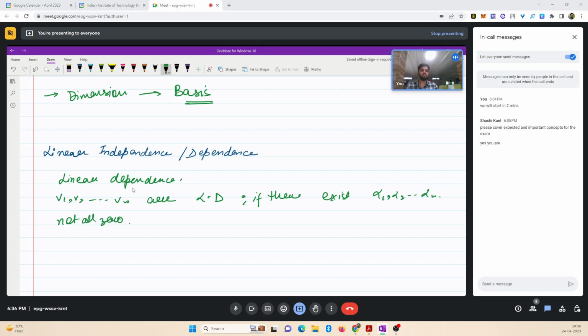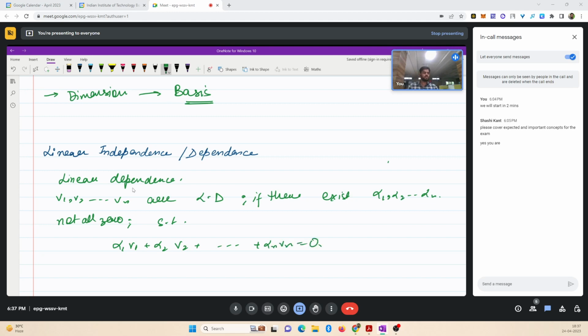By not all 0, I mean that at least one of these alpha i's must be non-zero. Okay, not all 0, such that alpha 1 times v1 plus alpha 2 times v2 plus ... plus alpha n times vn is 0.